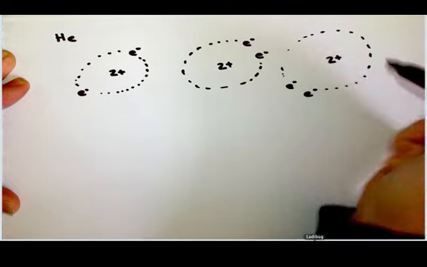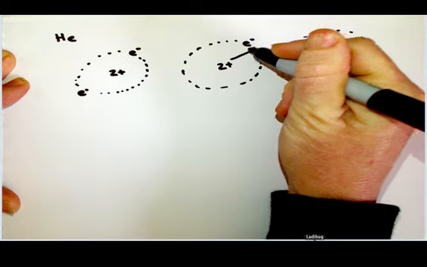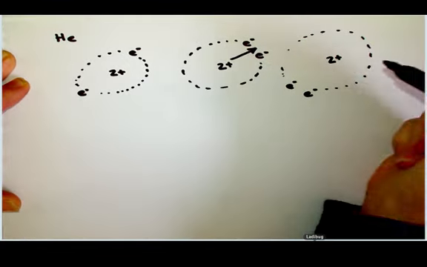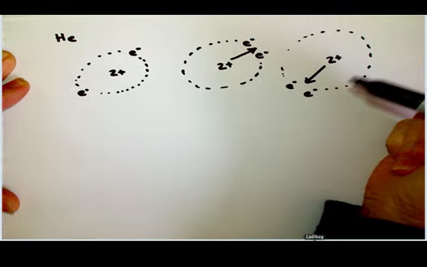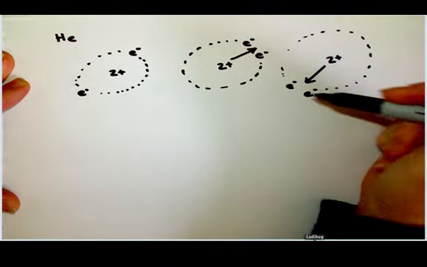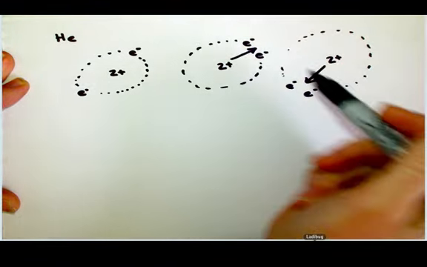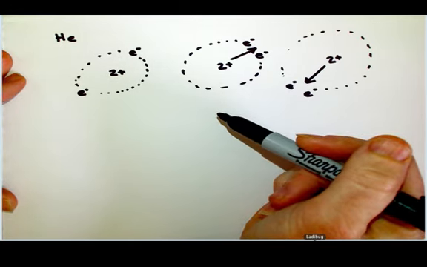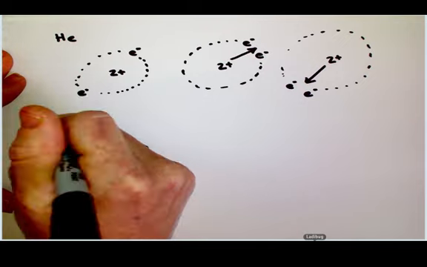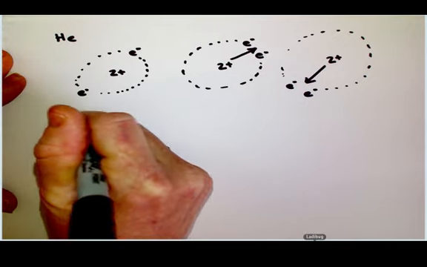But at these moments, there would be a net pull in this direction on this atom, or in this direction on a different atom. When we add all of these instants up, it's going to cancel out so that we wouldn't have a net dipole, but we might have an instantaneous dipole.